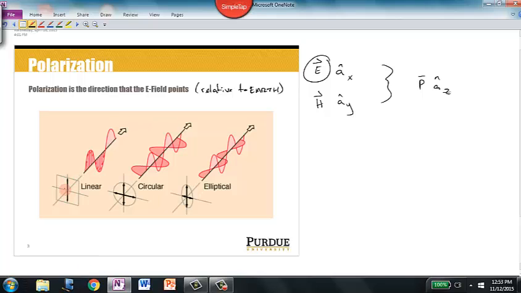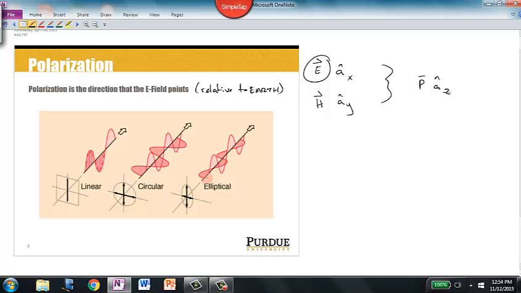That's not the only type of polarization, though. There is also what is called elliptical polarization. In elliptical polarization, the electric field vector, the direction that it is pointing, is actually rotating as it travels away from the observer. So if we were to point little arrows at the tip of the E field, it would trace out an ellipse as it travels away from the observer.